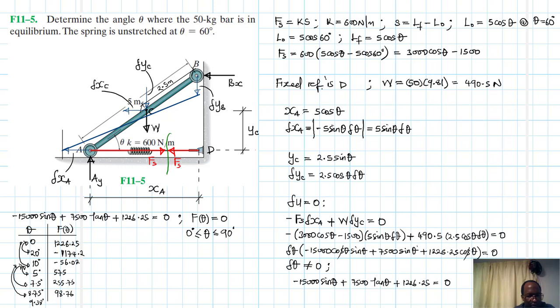That's minus 15,000 sine 9.38 plus 7,500 tan 9.38 plus 1226.25. Okay, so we have a 20.45. Okay, so we keep on doing the iteration.